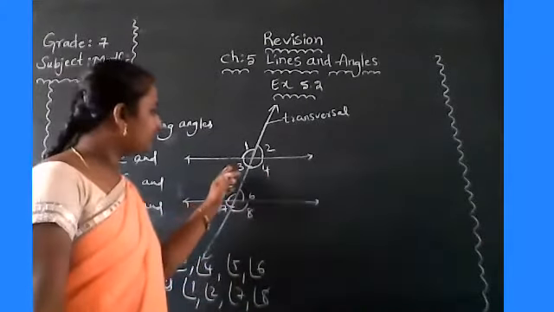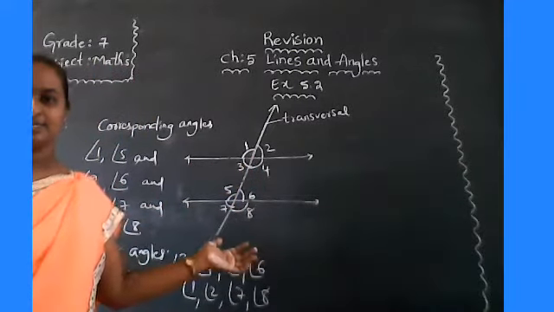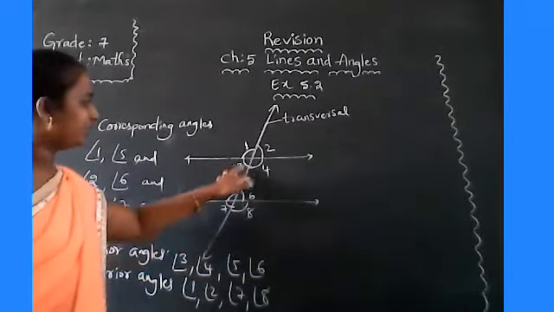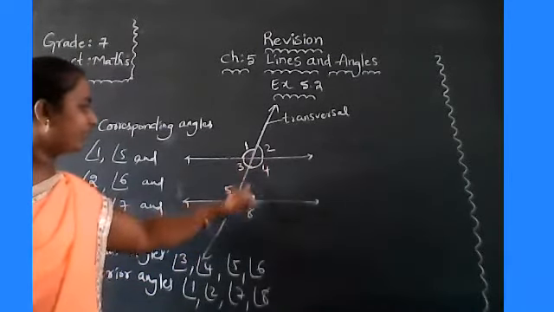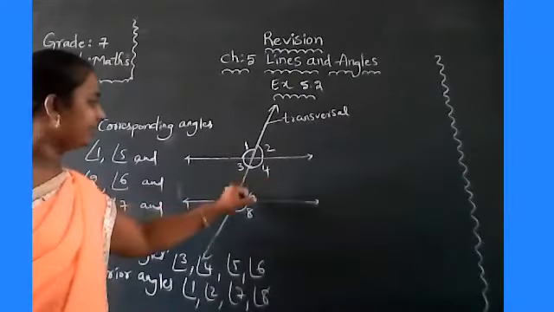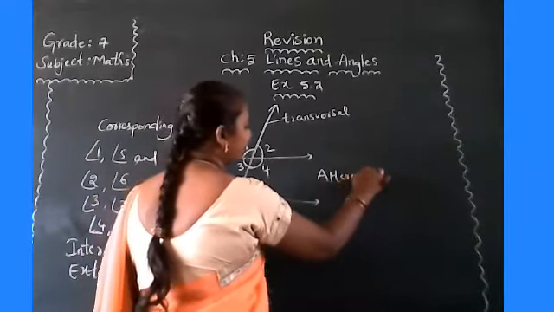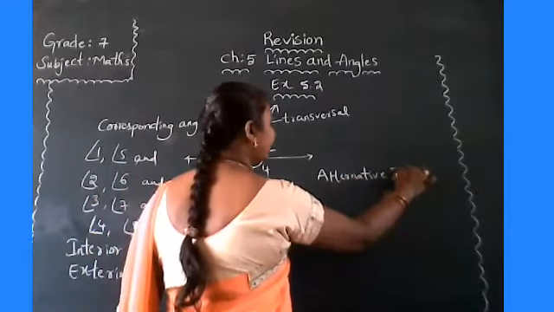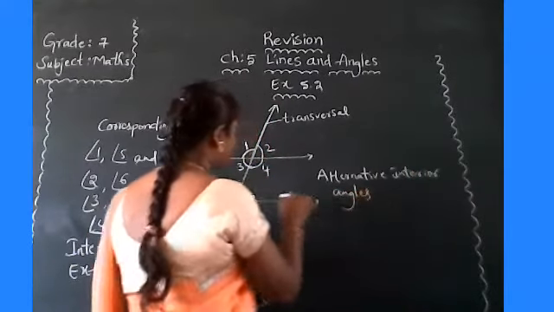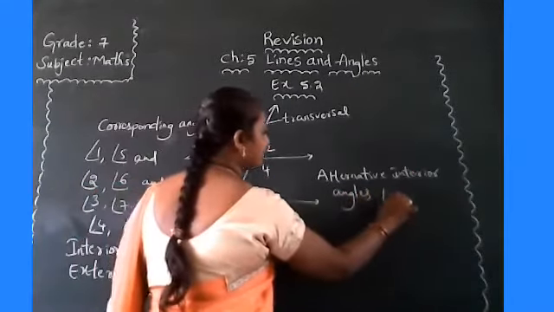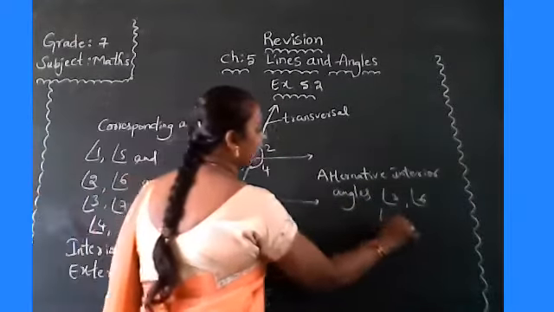So observe, what are the alternate interior angles? These are interior. Alternate means angle 3 and angle 6, and angle 4 and angle 5. So the alternate interior angles are angle 3 and angle 6, and angle 4 and angle 5.